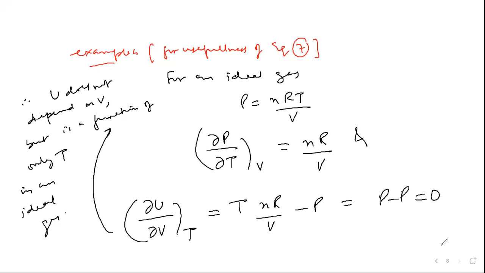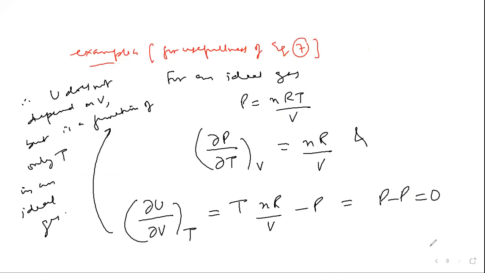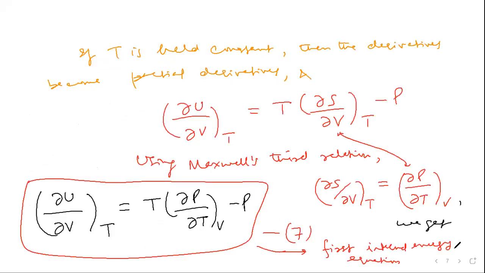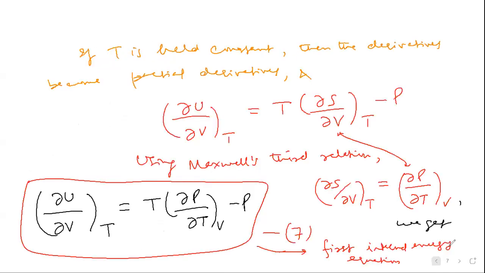So you can see easily we justified the fact that internal energy of an ideal gas is a function of temperature only using this first internal energy equation and the equation of state for an ideal gas. So this equation is useful. I just gave one example. It can be used in many situations, right?